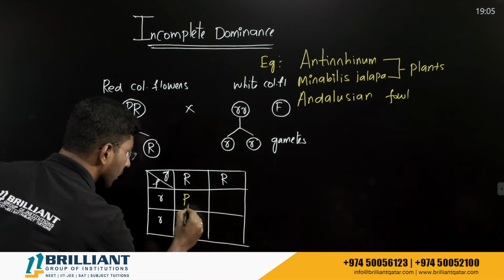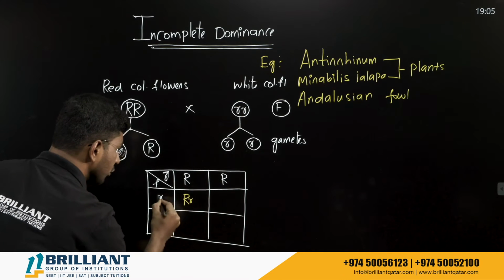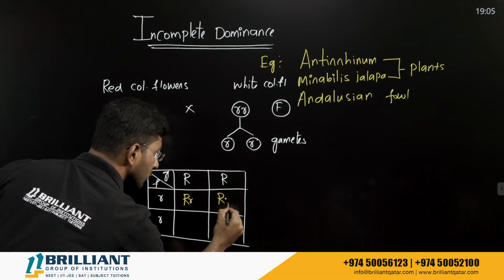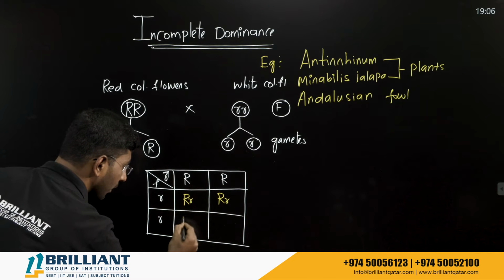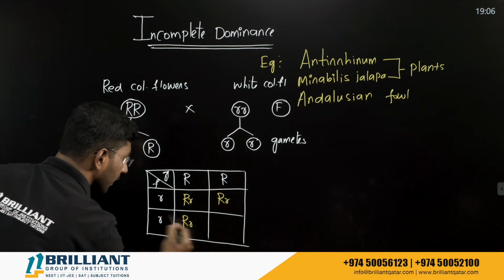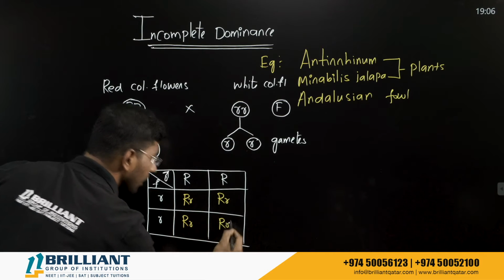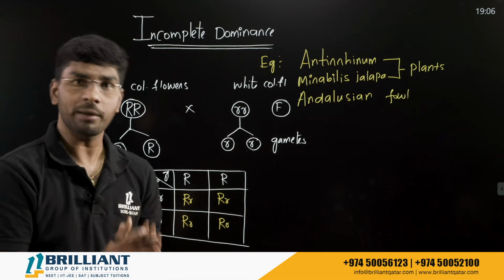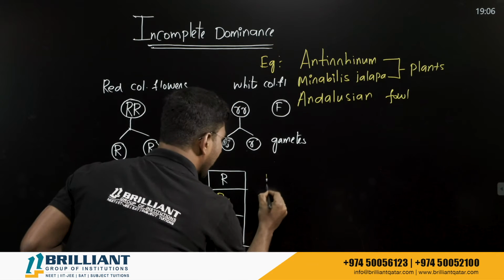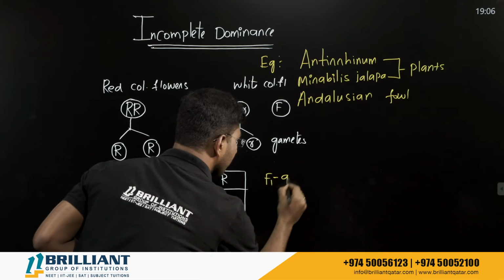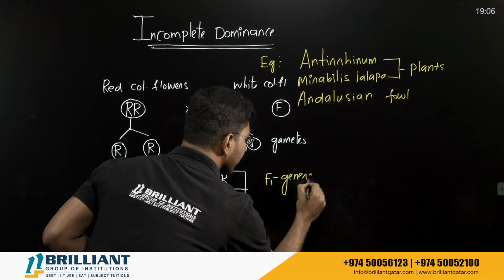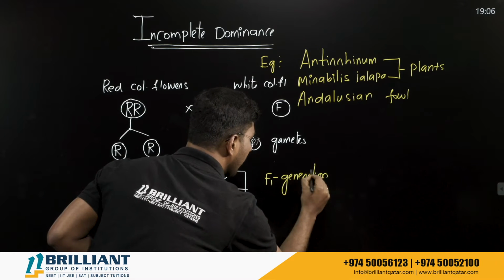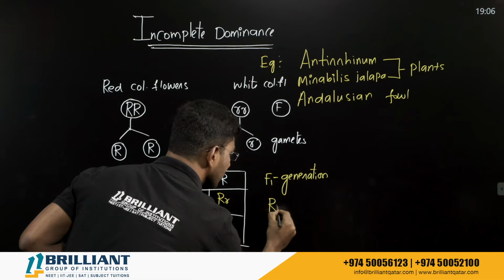Capital R, small r. These 2, capital R, small r. Finally, capital R, small r. In the F1 generation, all plants are capital R, small r plants. Let me write here: in the F1 generation, all plants are heterozygous, capital R, small r.